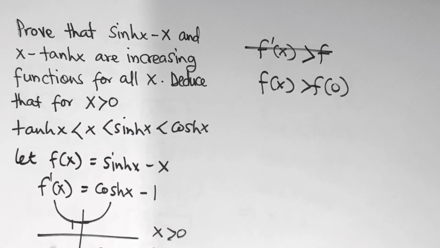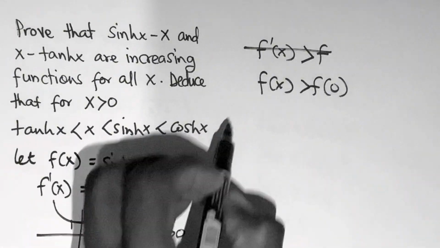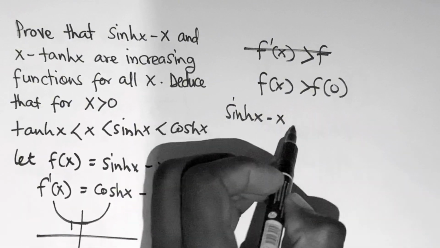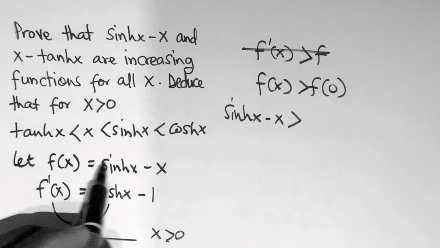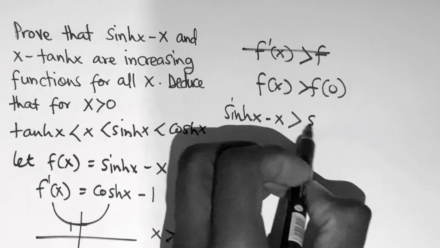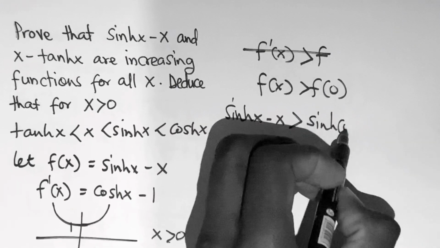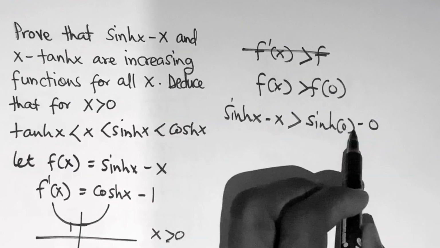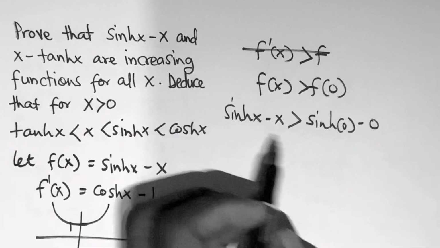So what is f of x? f of x is hyperbolic sine x minus x. So that is greater than f of 0, which is hyperbolic sine 0 minus 0. Now sine 0 is 0, minus 0, it will give you 0.